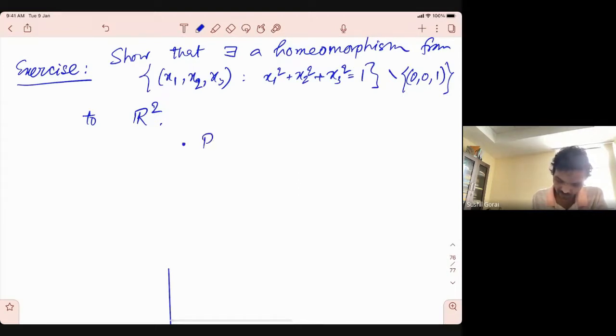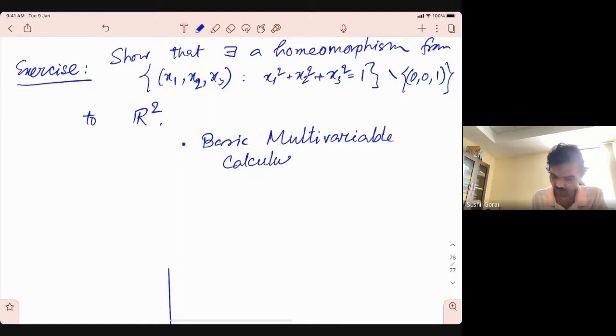This is a basic multivariable calculus book. There are several examples and several exercises. You should be doing exercises. I'll be looking at this book as well as Spivak's.